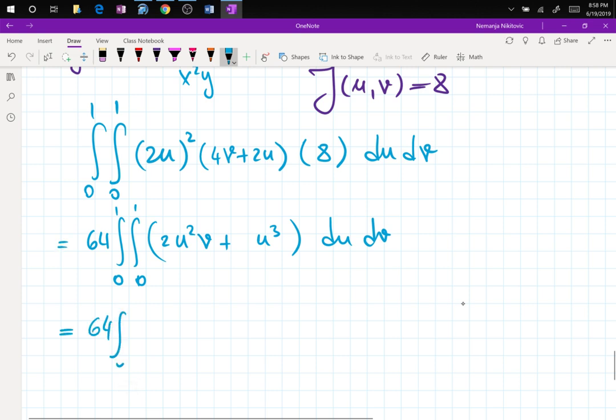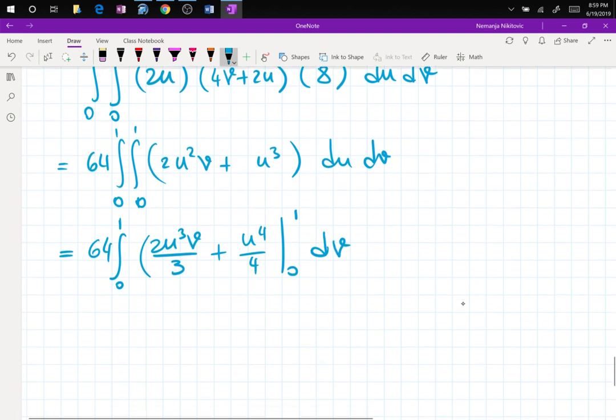So 64 integral 0 to 1, integrate with respect to u. That's going to be 2u cubed v over 3 plus u to the 4 over 4 from 0 to 1. Still have dv to deal with.